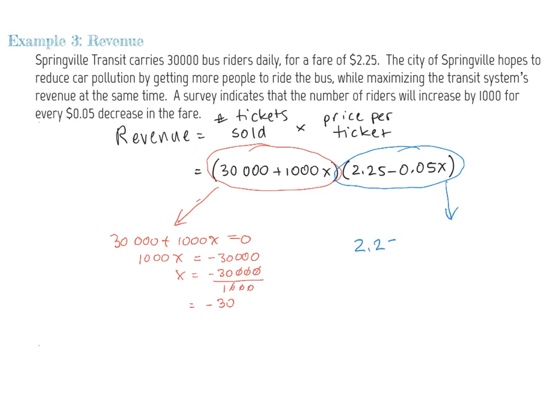So 2.25 minus 0.05x is going to equal 0. We rearrange to get 2.25 equals 0.05x. Solving for x, we get x equals 2.25 divided by 0.05, or 45.